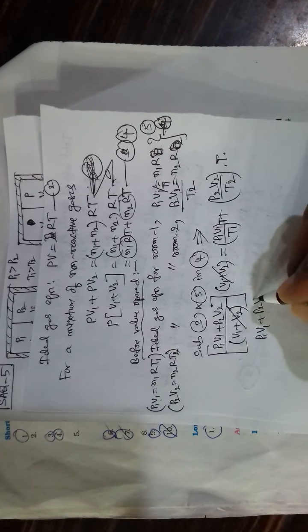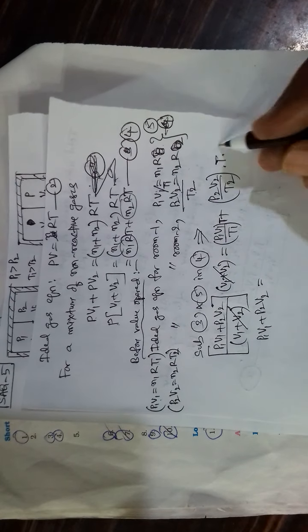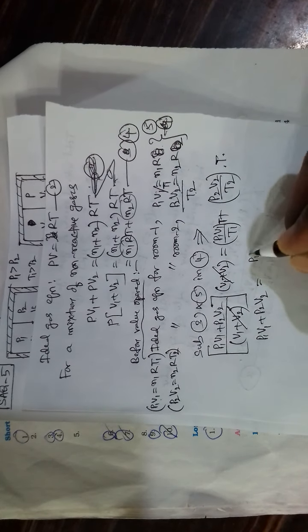V1 plus V2 cancels. P1 V1 plus P2 V2 is equal to... Here what can be taken common? Capital T can be taken common.